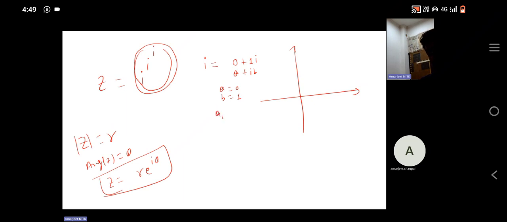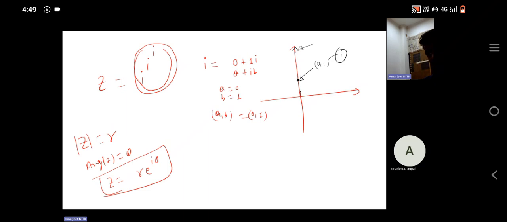So a comma b means 0 comma 1. Where is this point? This point will be somewhere on the y-axis, that is imaginary axis. Here, this point is 0 comma 1, or you can say iota.